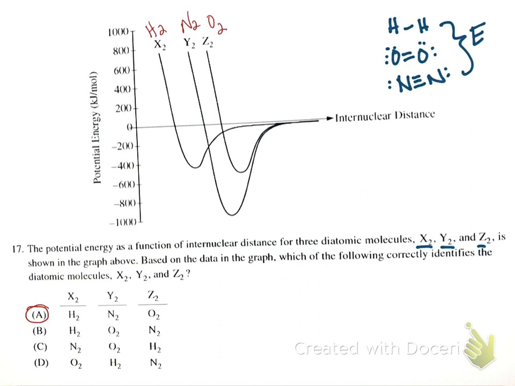So I think that part makes sense, that you see nitrogen having the most energy. Oxygen and hydrogen, though, aren't too far apart. And so that's kind of a tricky part.